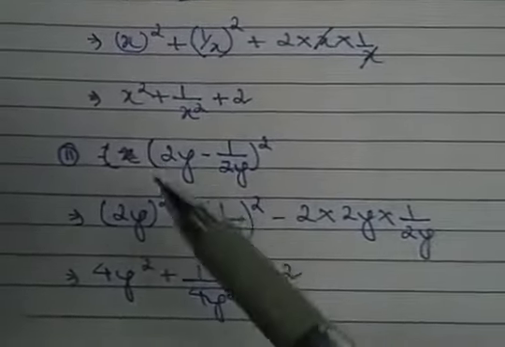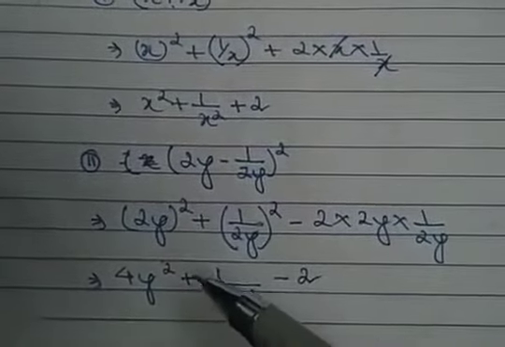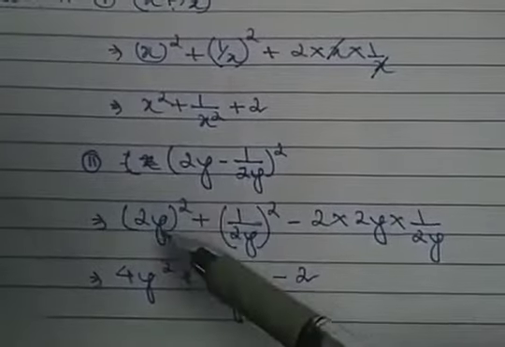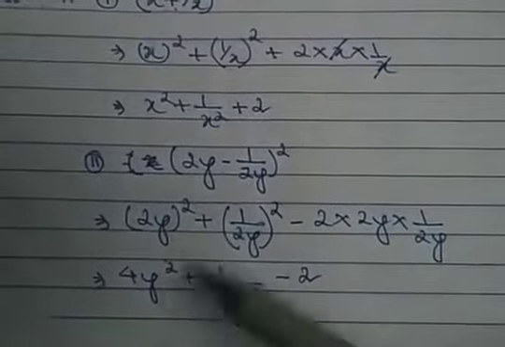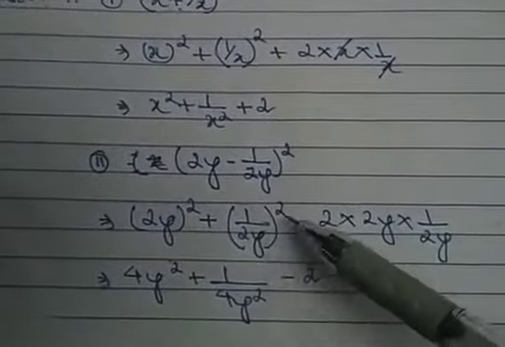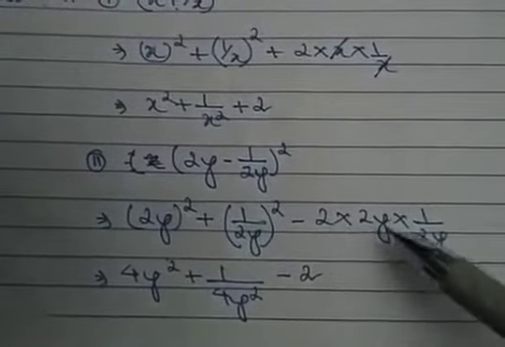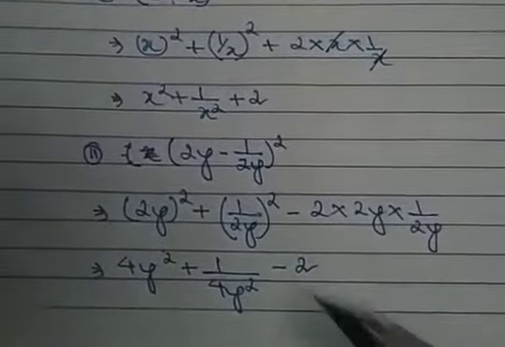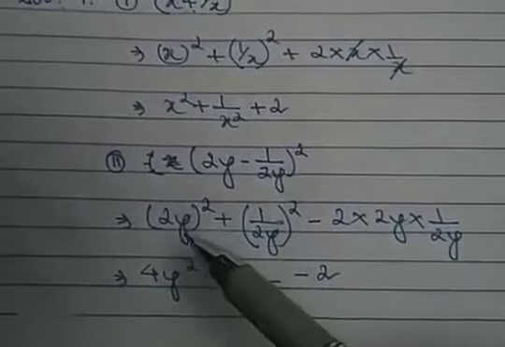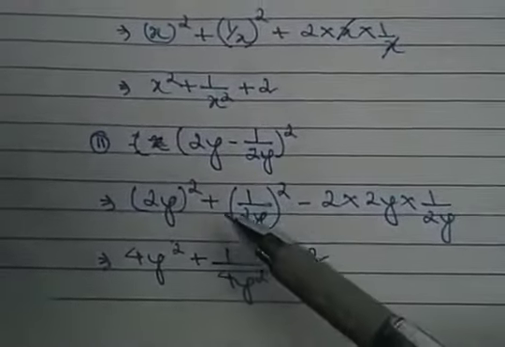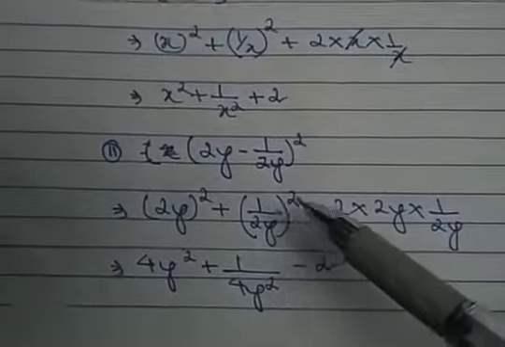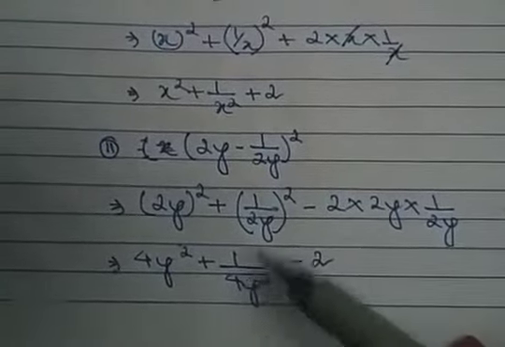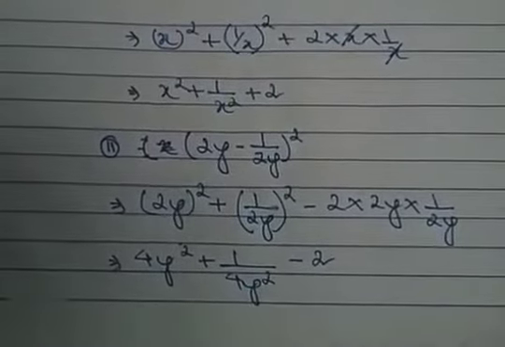In place of a we have 2y in here, in place of b I have 1 by 2y, so a square, that is (2y) whole square, plus b square (1 by 2y) whole square minus 2ab, so 2 into a, 2y into b, 1 by 2y. So 2 square is 4, y square is y square, 4y square, plus again the same thing, in the numerator 1 square means 1, 2y into 2y will give you 4y square, isn't it?